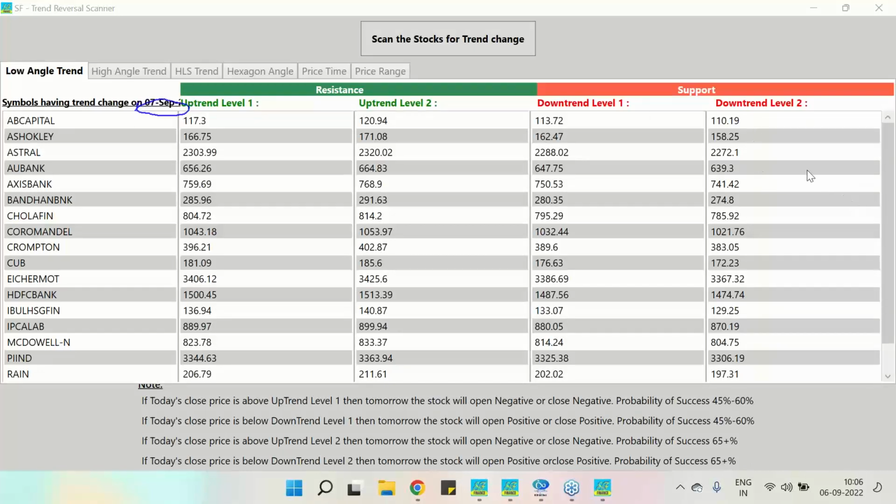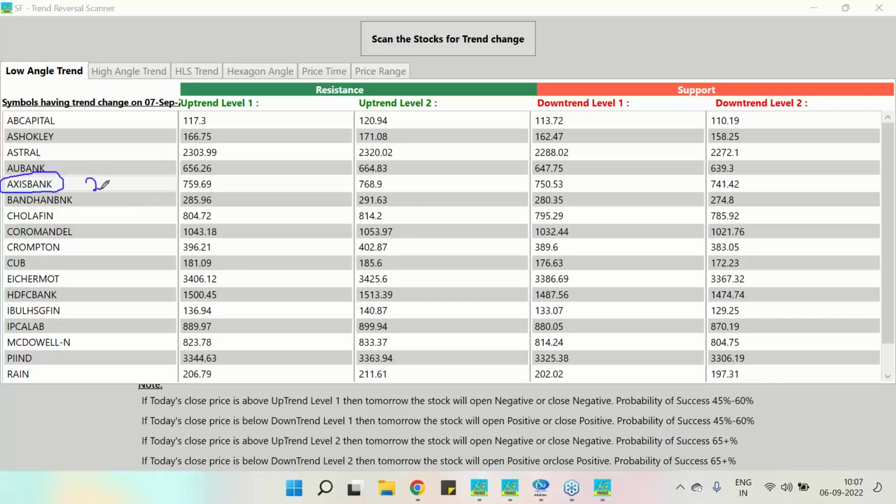This also gives you an opportunity to trade accordingly. How to trade using this trend reversal date is very important. From this list, Axis Bank has a trend reversal date tomorrow.